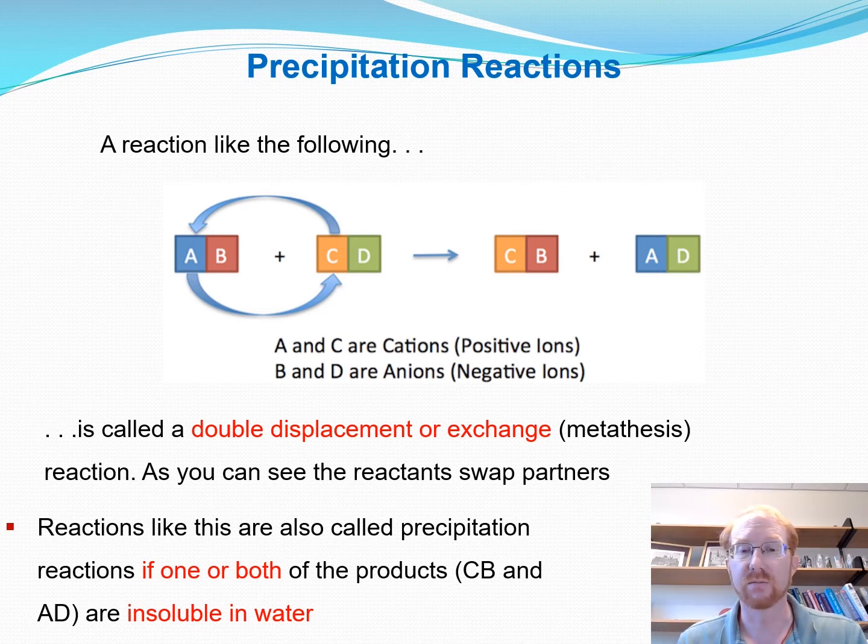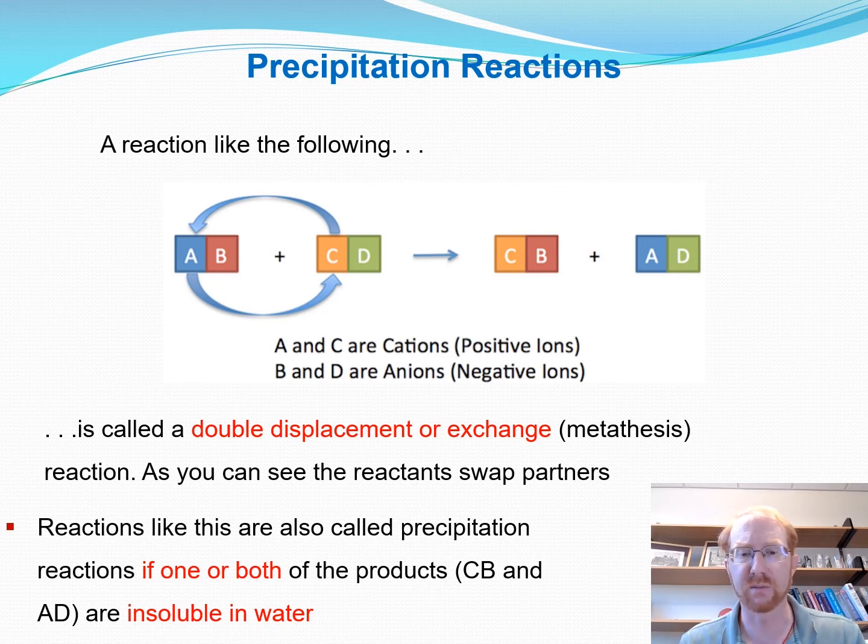So this term, precipitation reactions, allows us to identify and figure out what our products are. Once I know what those products are, I need to know my solubility rules to determine if one or both of those products is insoluble and forms a precipitate. If they're still soluble, we can put an aqueous label behind the product. If it's a solid, then we can add that S label.